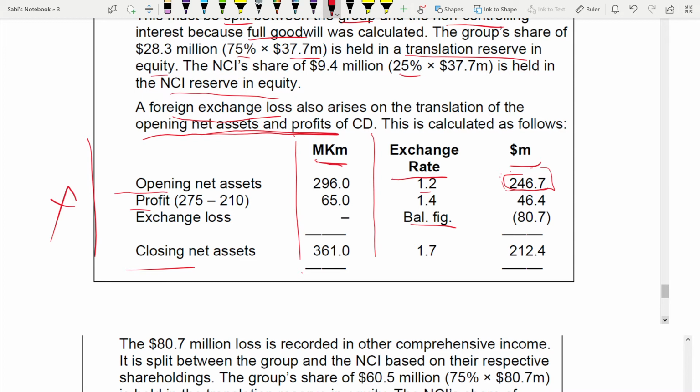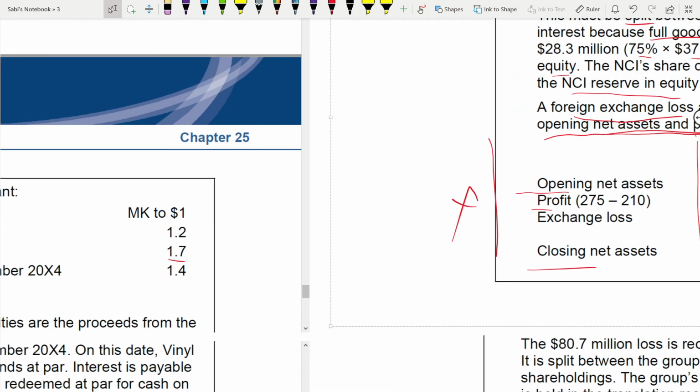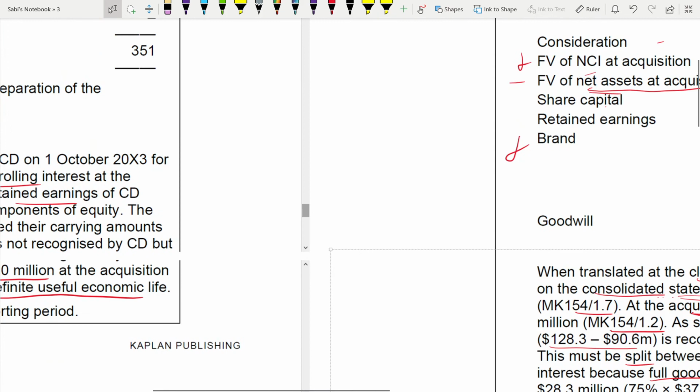When you are dealing with profit, remember, for profit or expenses, use the average rate, not opening, not closing. So 1.4. But opening profit is simply your retained earnings at the date of the acquisition. Your retained earnings in the statement of financial position, 275 minus 210. It's very easy, it's here.